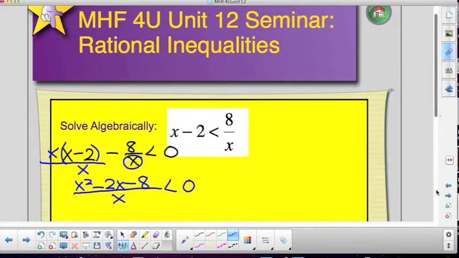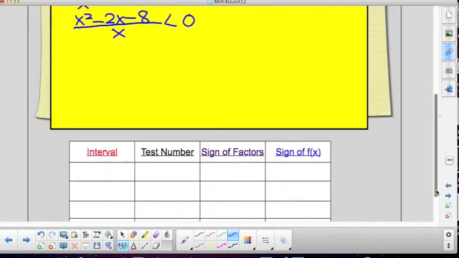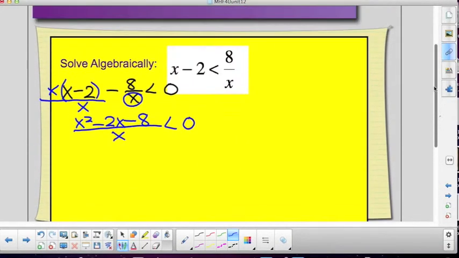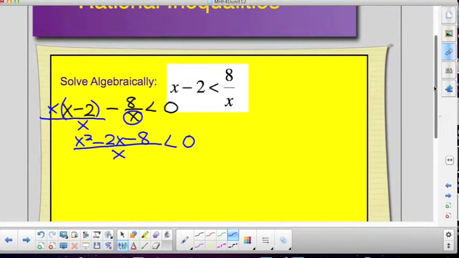Okay. Now, to properly examine intervals for this graph, what should my next step be? What could I do when I see a quadratic equation? What do you usually do? Yes. You want to find the roots or factor it.